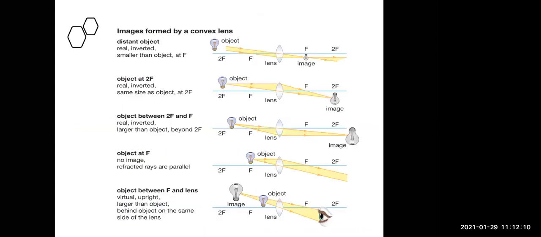In this case, the image is formed on the same side of the lens as the object, and it is very large as compared to the object. So the image formed is larger than the object, and it is virtual and erect. It is straight like the object.